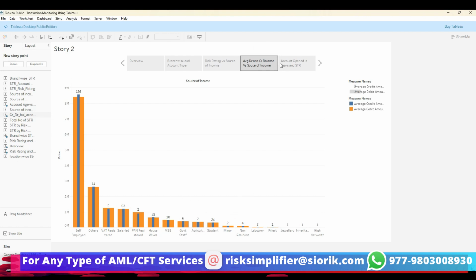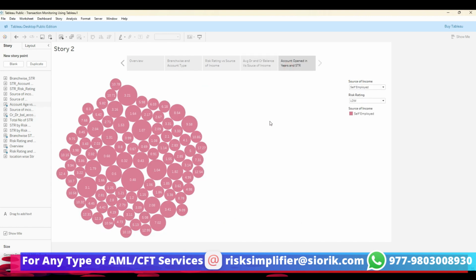Now let's move on to our next chart. Okay, so this is a bubble diagram. From the previous chart, we are able to identify that accounts with the source of income as self-employed and salaried pose high money laundering risk to the organization. So if we look at the self-employed here, okay, you can select here.